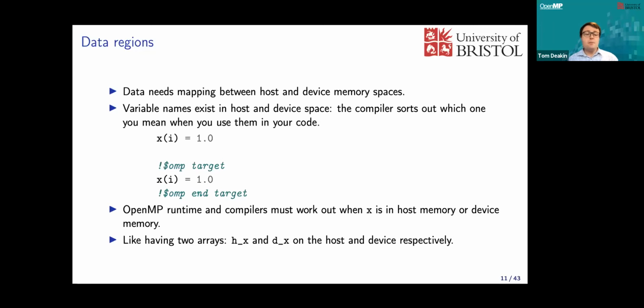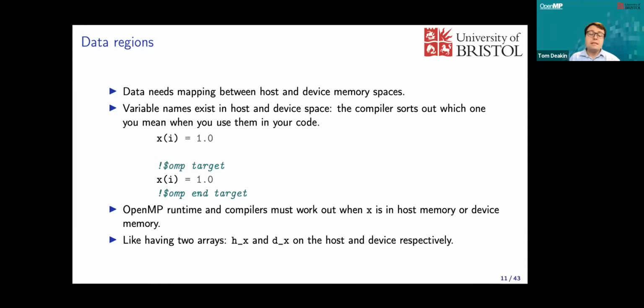So in this example of the code here, the first line is x, and that's an array on the host. But inside the target region, when I use the variable x in my program, it's going to be referring to the array x that's in the device memory space instead. And that's because it's inside the target region.